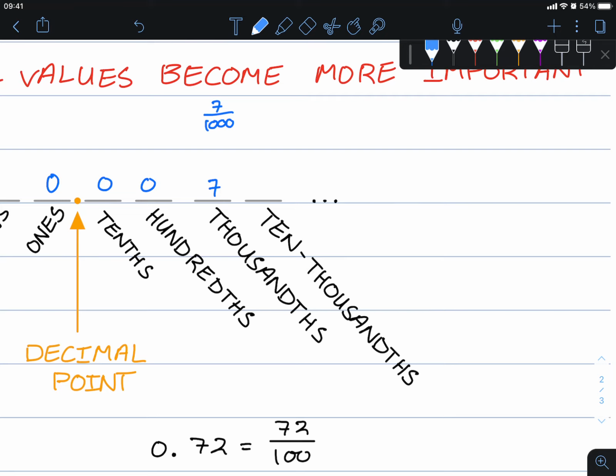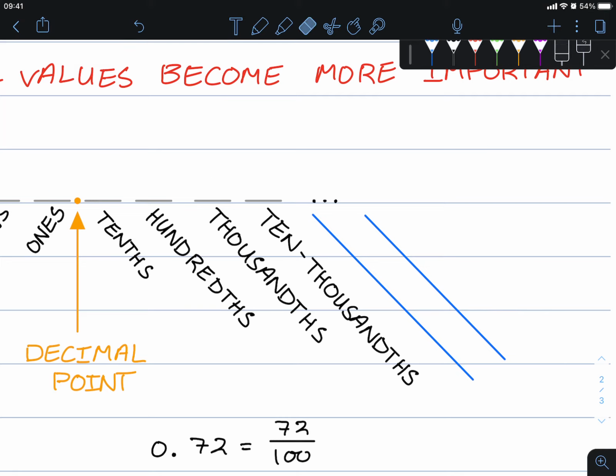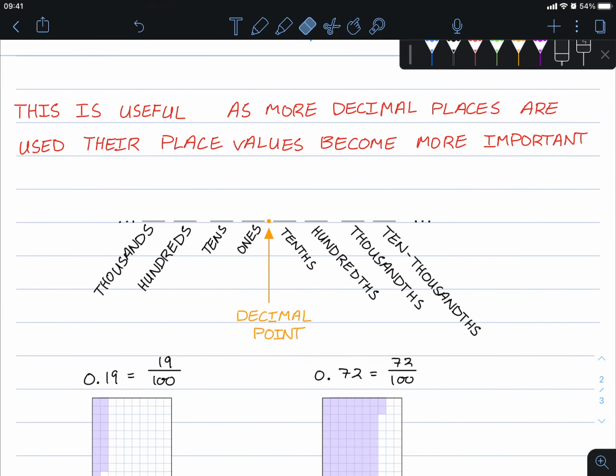So for 10,000ths, that's the next one. 100,000ths. The next one would be millionths, and so on. So I really hope you're getting the idea as to what decimals are. They're just another way to represent parts of a whole.